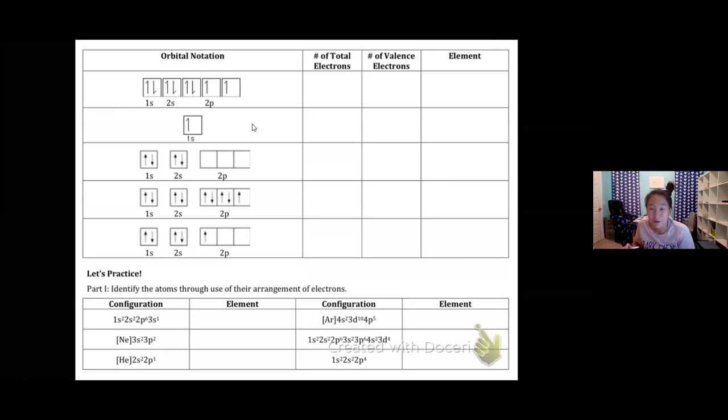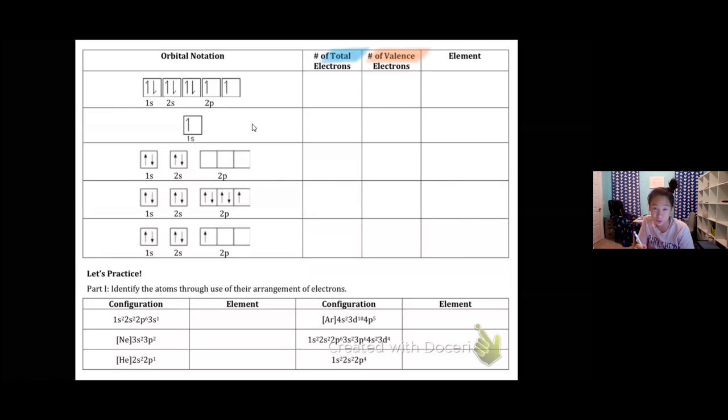So I'm going to show you a couple of examples of going backwards really quick. I'm not going to do all of these, just maybe 1 or 2 of each example. If you look at the very top, it has the orbital notation already drawn out for us, and it's asking how many total electrons there are versus how many valence electrons there are. So you have to be careful here because this is total and this is valence, okay?